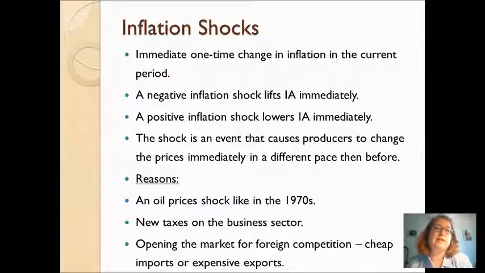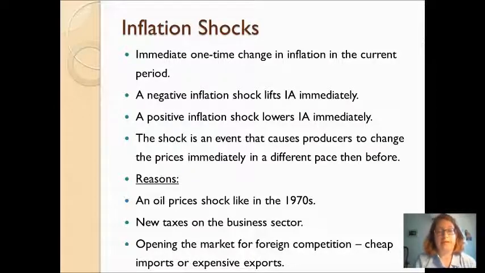Okay, the last two things I want to review is our inflation shock. Inflation shock is something that immediately in the short run inflation changes. That's something that has to be stated as inflation shock, that it happens in the short run rather than in the long run. Basically a negative inflation shock lifts IA, and it says negative because higher inflation is bad.